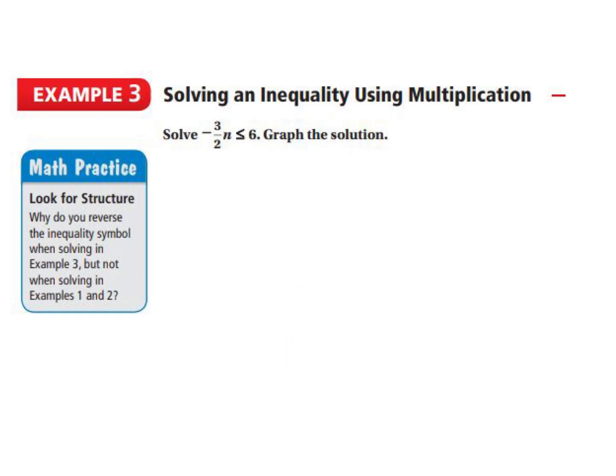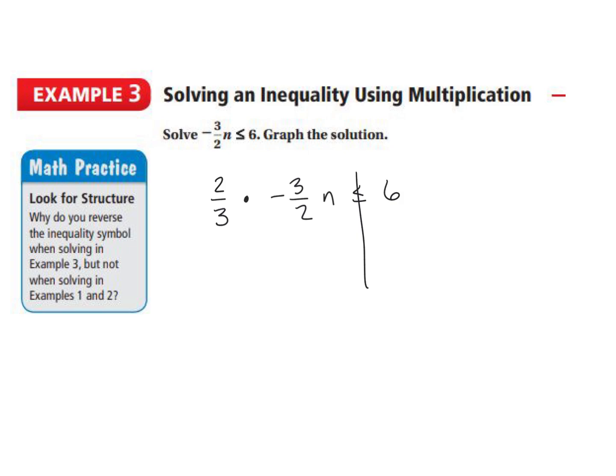Okay, let's take a look at a quick situation here. Suppose I have -3/2 n is less than or equal to 6. I know from before that in order to get rid of a fraction attached to a variable, I need to multiply it by its reciprocal.